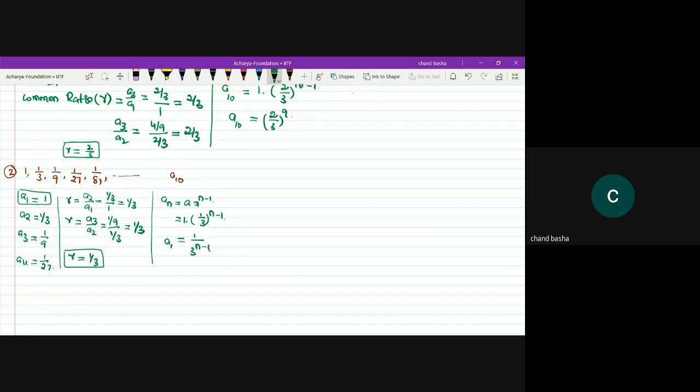This is AN formula, general term formula. Now he is also asking the 10th term. Let us substitute n is equal to 10 in equation number 1. So A10 is equal to (1 by 3) power 10 minus 1. So A10 is equal to 1 divided by 3 power 9 is the required answer. Hope you can understand this question also.